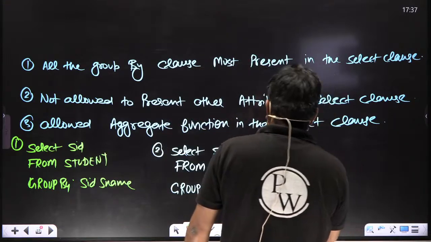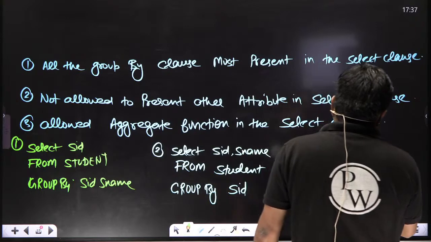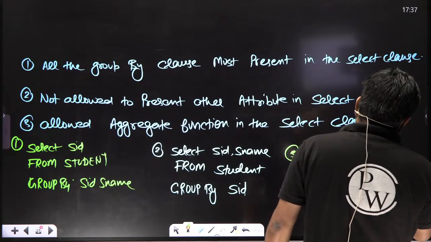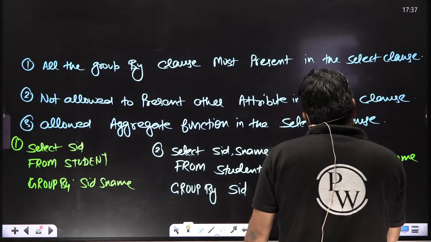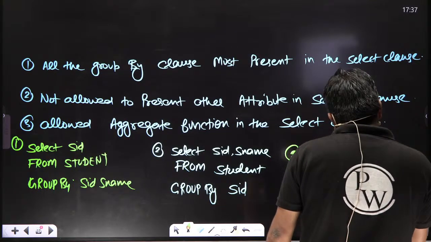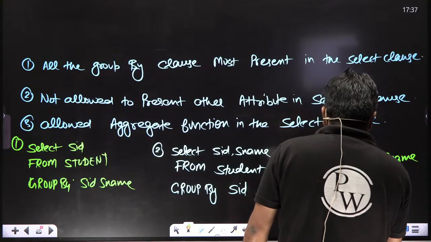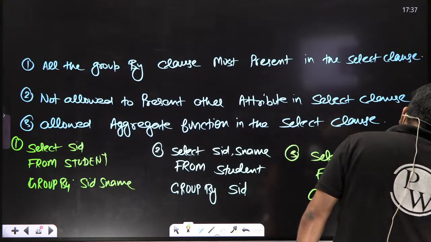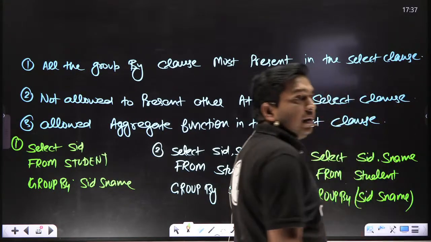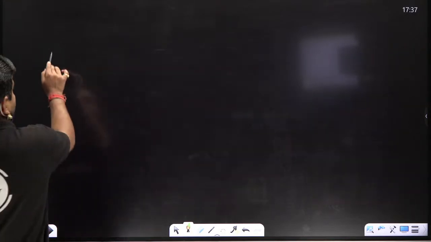Third one, select SID, S name from student group by SID, S name. Tell me which one is correct.